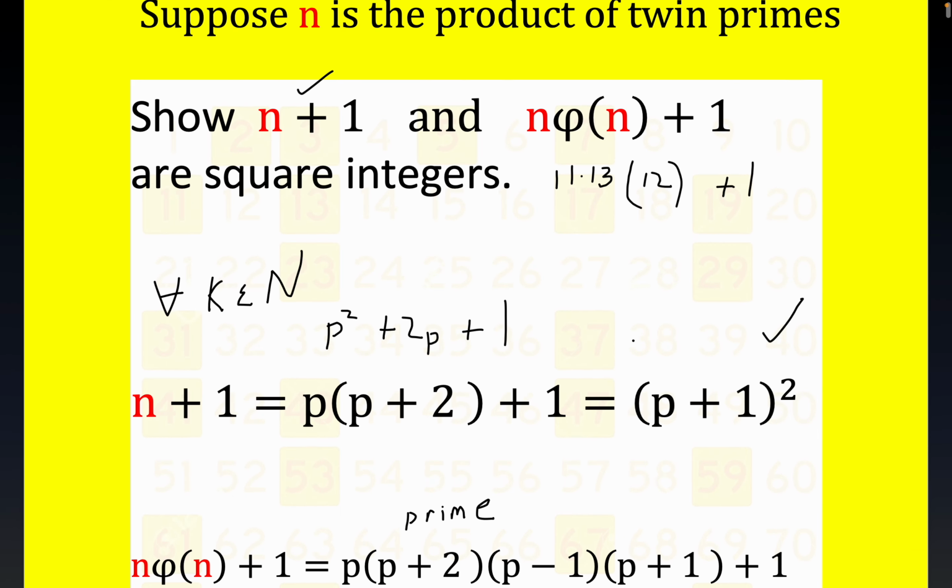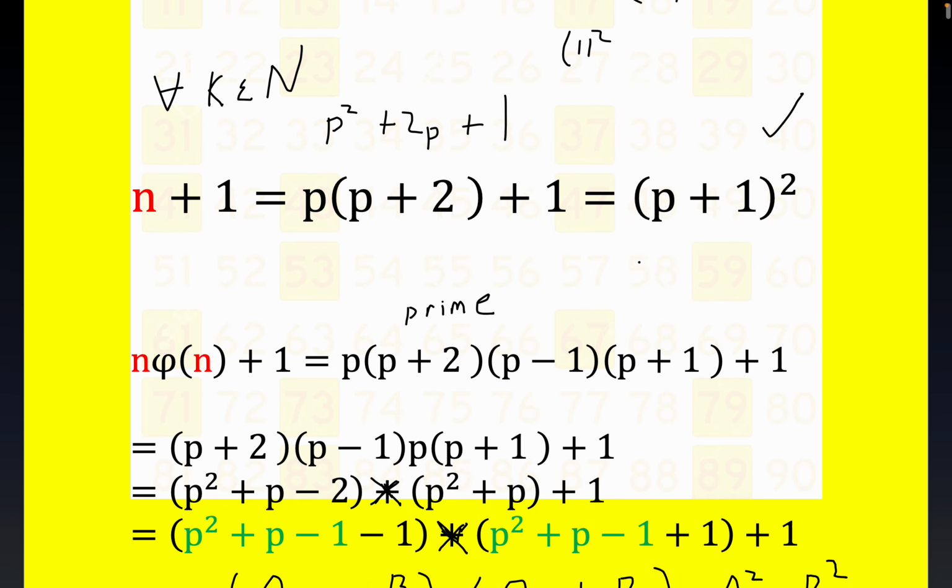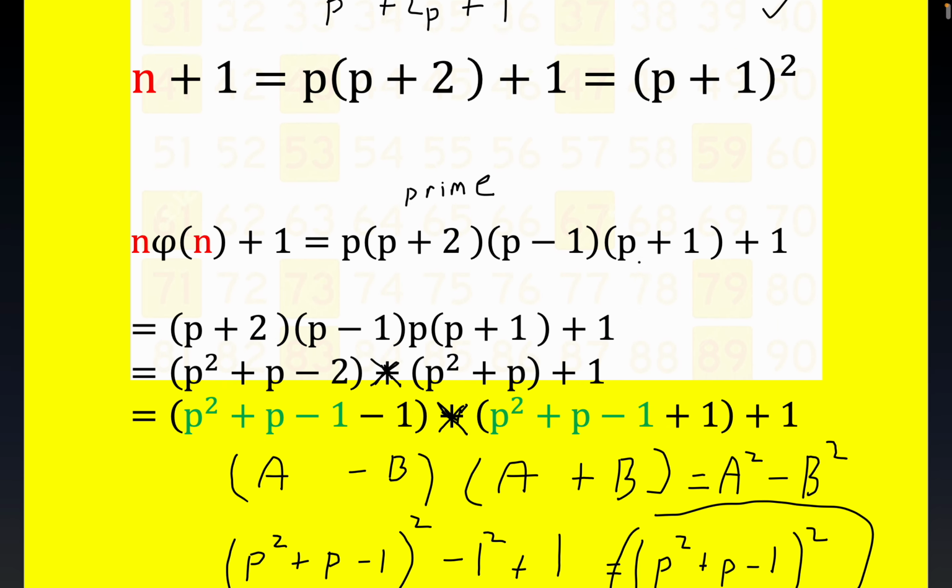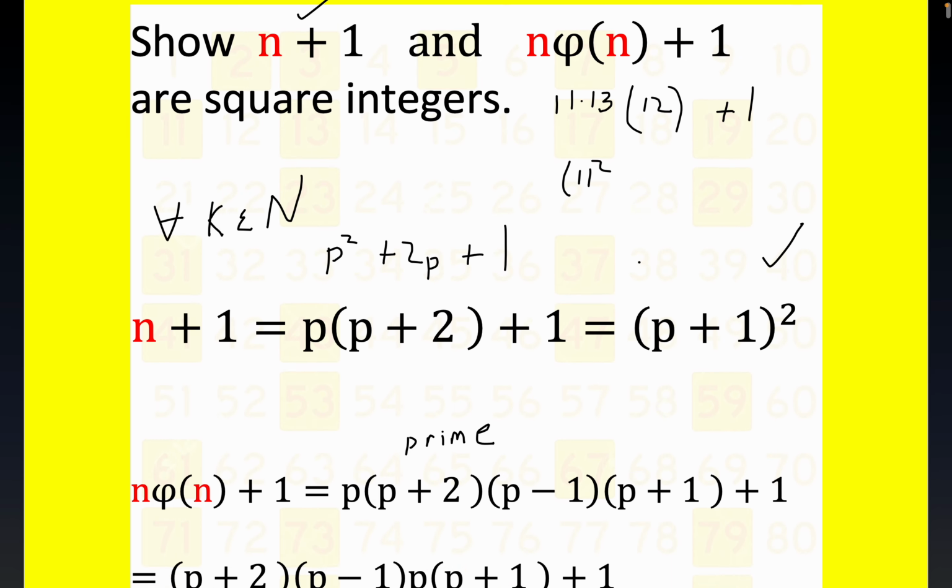Okay, so let me see if I can remember that. So you would have 11 squared plus p minus 1 squared. Oops, sorry.